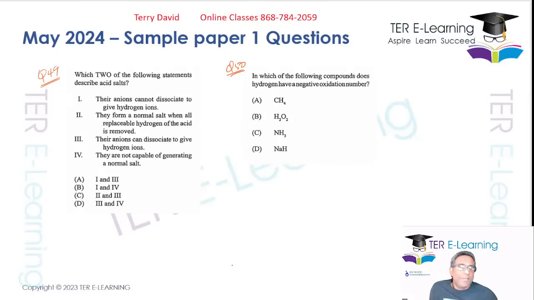Question 49. Which of the following statements describes acid salts? What is the answer for 49?